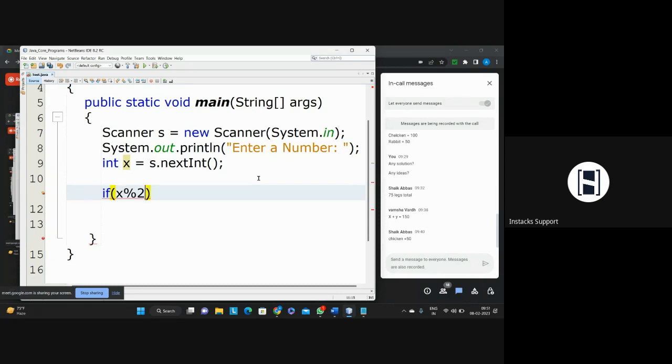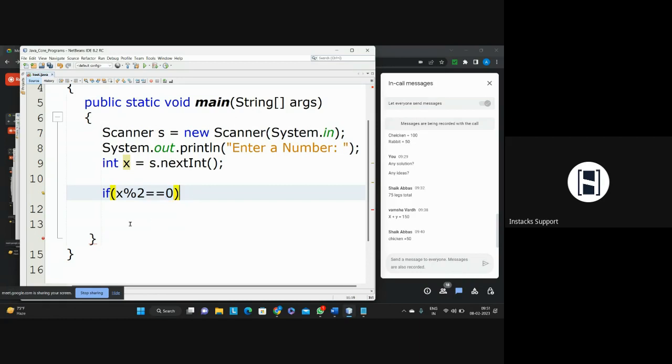So how to verify that? Is equal to 0. So double equal to, remember our relational operator. So what is the use of double equal to? It is used for comparison, whether the value given by this and this value is same or not. So that is what I'm going to be doing here. Right. So do the comparison.